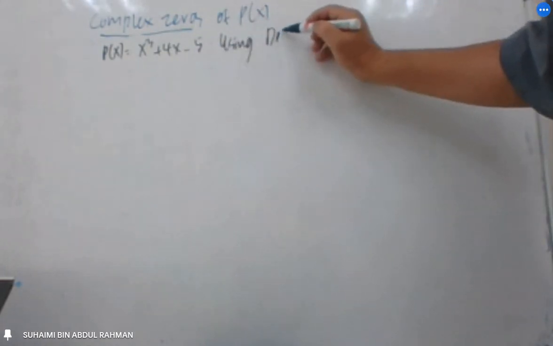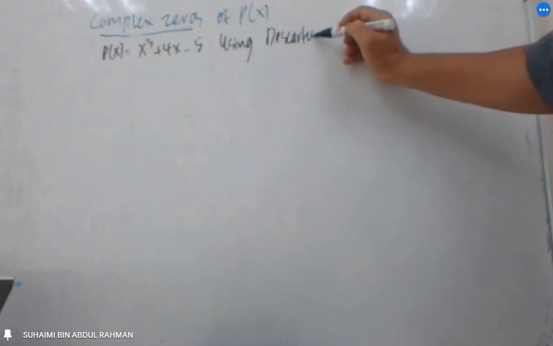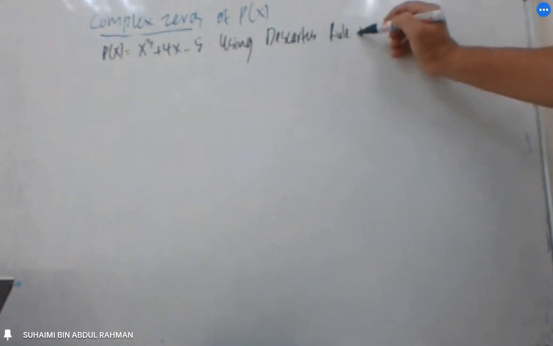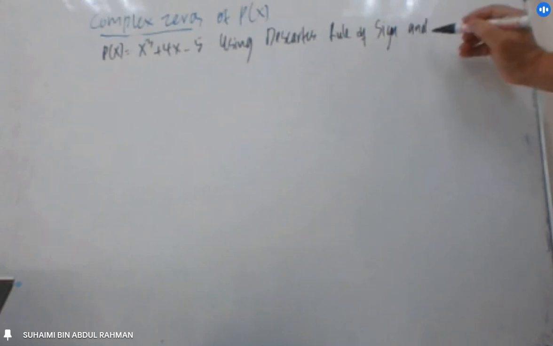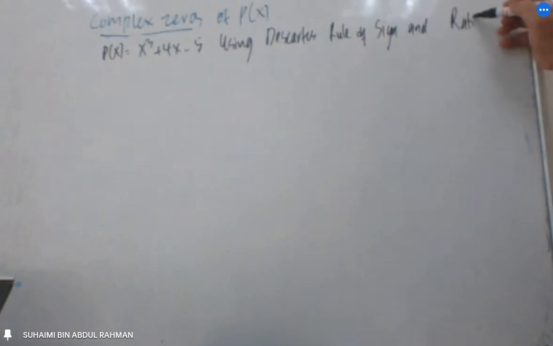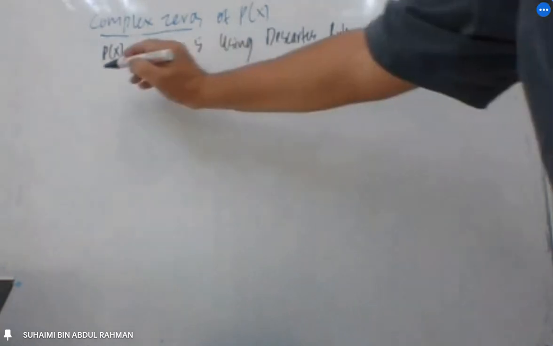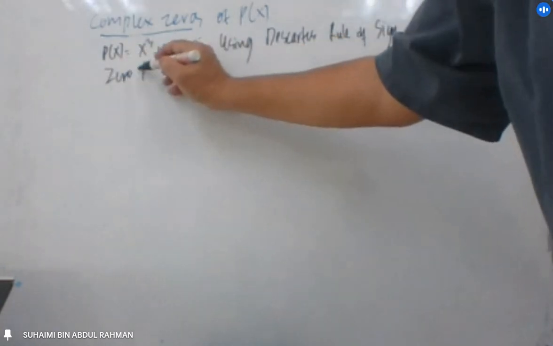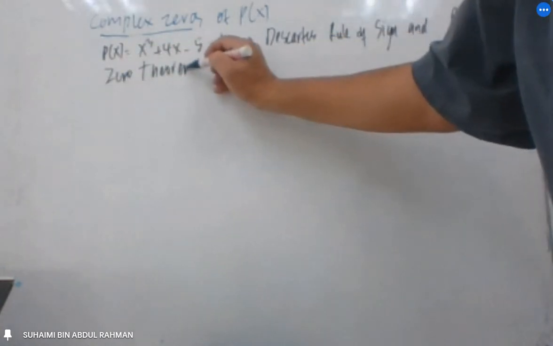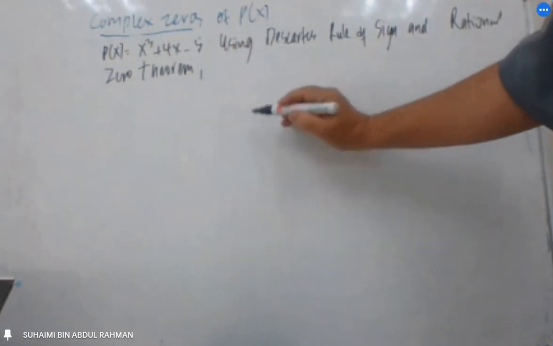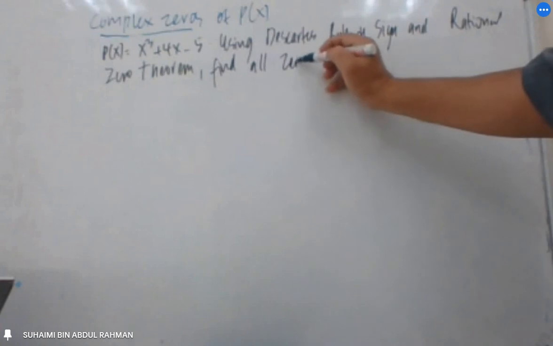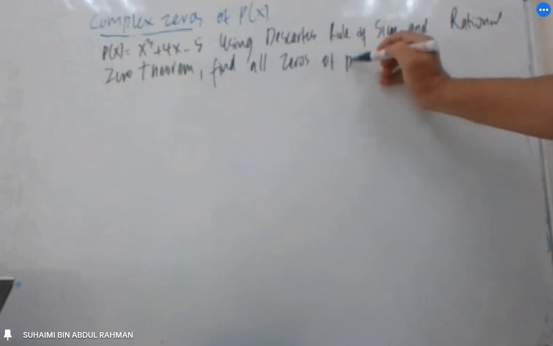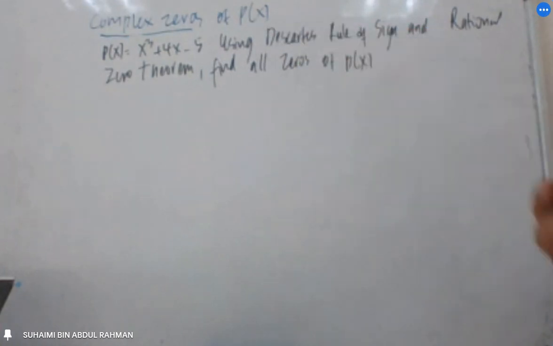Using Descartes' rule of sign and rational zero theorem, find all zeros of P(x). So how many zeros?